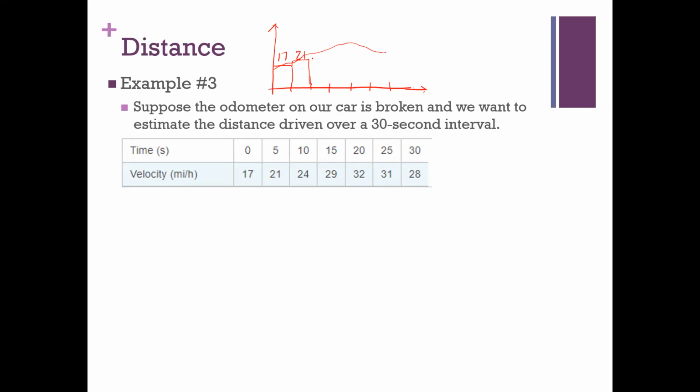I'm not saying the speed was 21 miles per hour everywhere in the t equals 5 to t equals 10 window, but I know it was once in there, so I'm going to assume that I had that speed the entire interval. Any questions so far about the rationale of what I'm doing, this sampling to find an estimate?